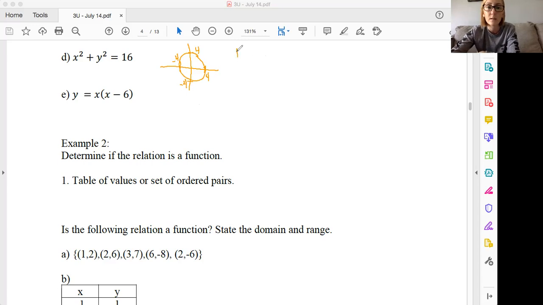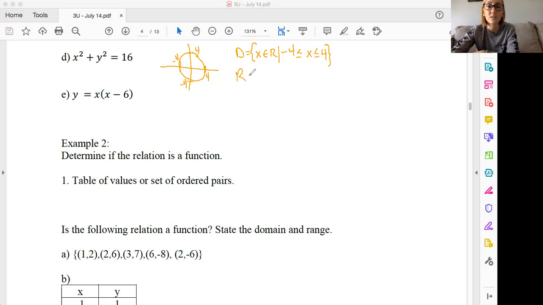So knowing that, our domain: x is an element of real numbers, you put your line, and then x has points everywhere between -4 and 4. So x is between -4 and 4.